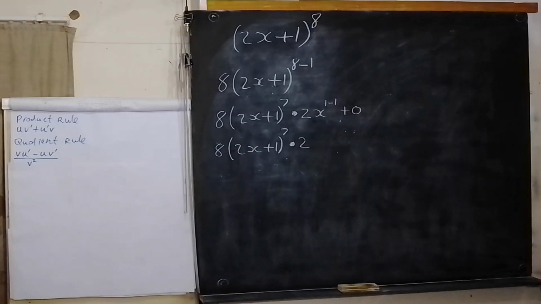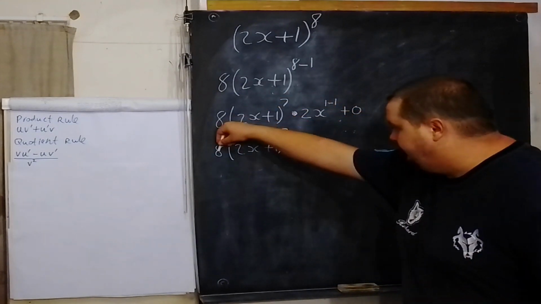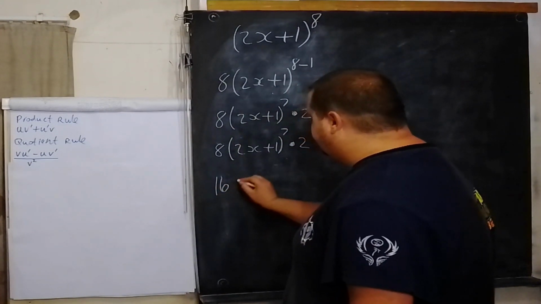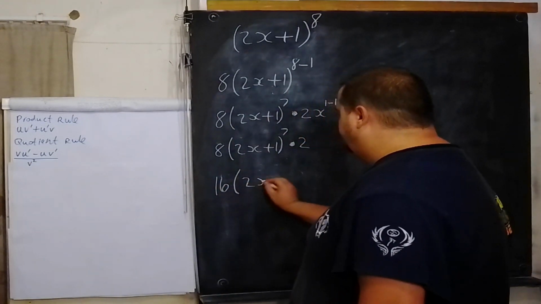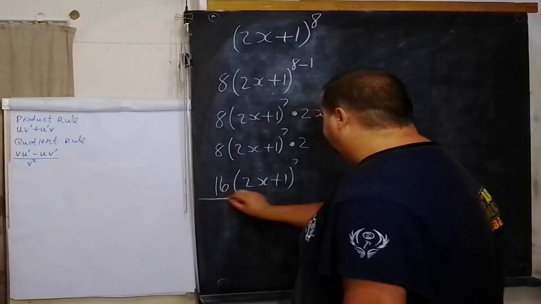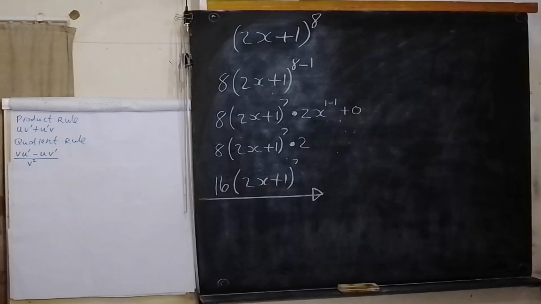Now to take this a step further, we say 2 multiplied by 8, so that is 16(2x + 1) to the power 7. And that is the completed sum.